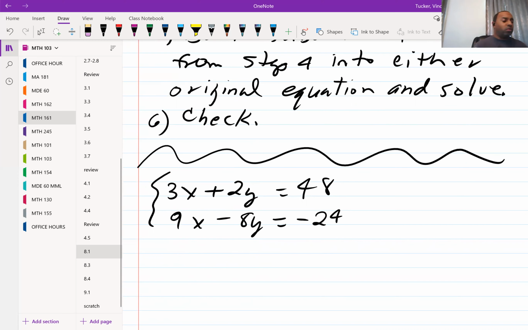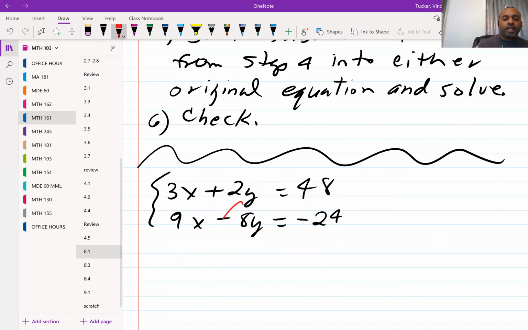All right, so I could cancel out my x. If that's the case, then I need to turn this 3 into -9x. Or I could cancel out my y's. If that's the case, then I need to turn this 2 into a +8y. All right.